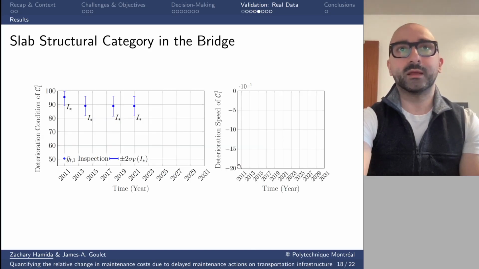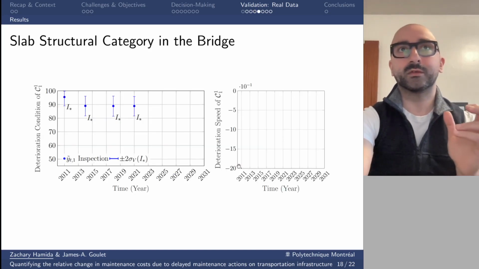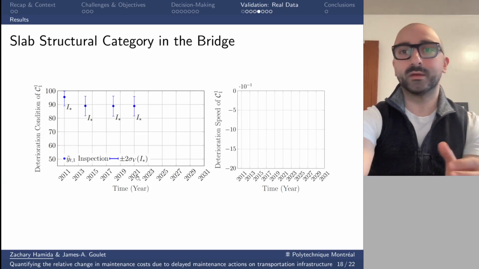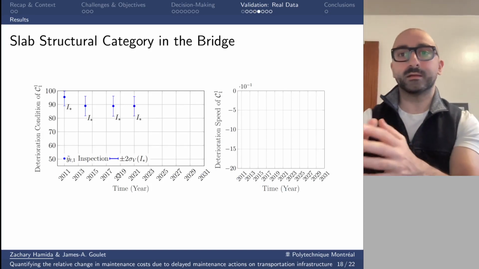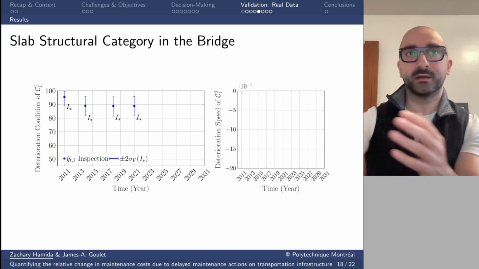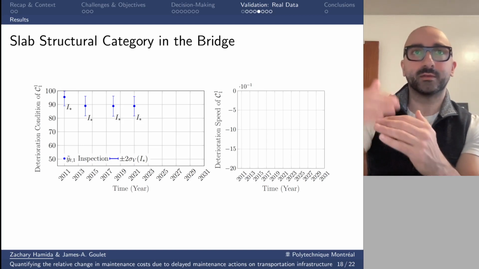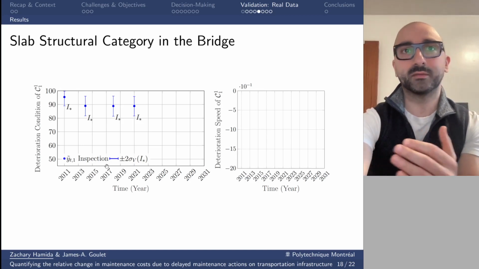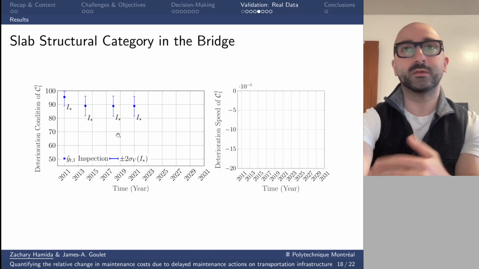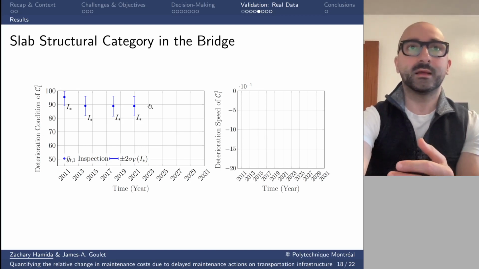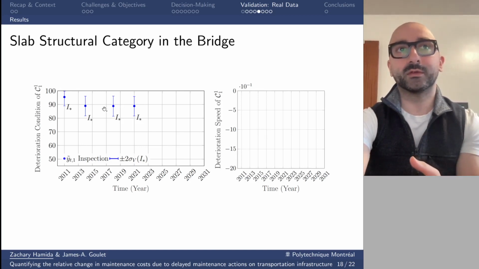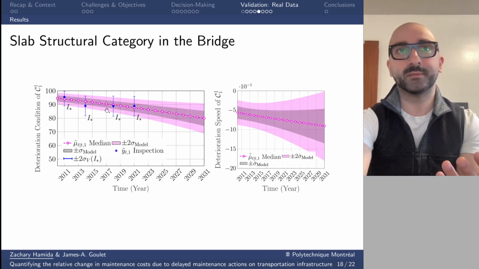Now if we want the slab structural category for a bridge, we would have the same deterioration state estimate, but here the deterioration state is aggregated. Again, same timeline, condition on the left, speed on the right. These are the aggregated observations, visual inspection data for the slabs category.